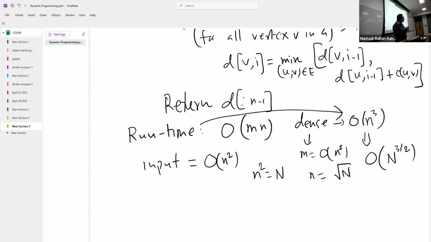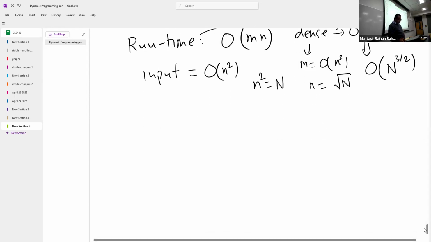The complexity is always in terms of your problem input size. Runtime complexity, that's your input parameter. Your input is the amount of space for your problem, and output is the amount of time it takes to run the program. So you always need to be careful about that.